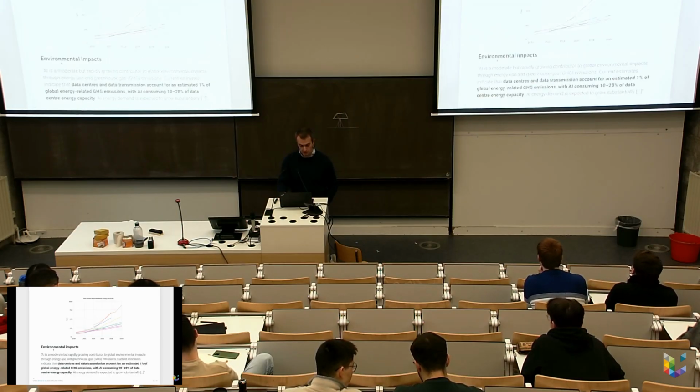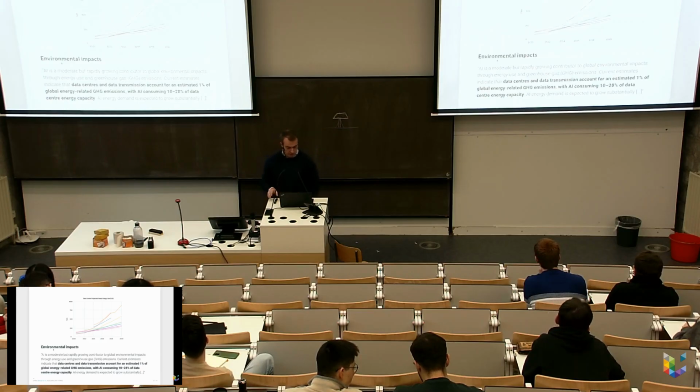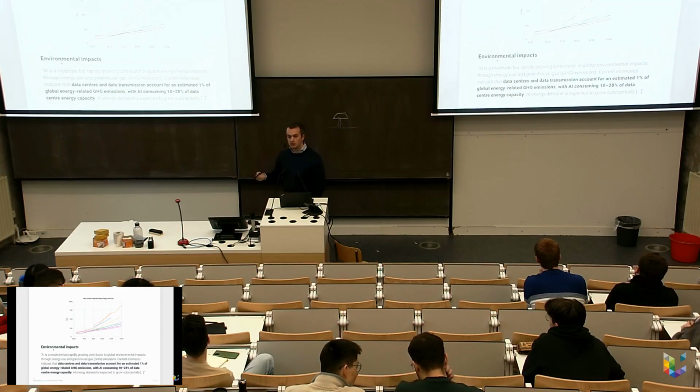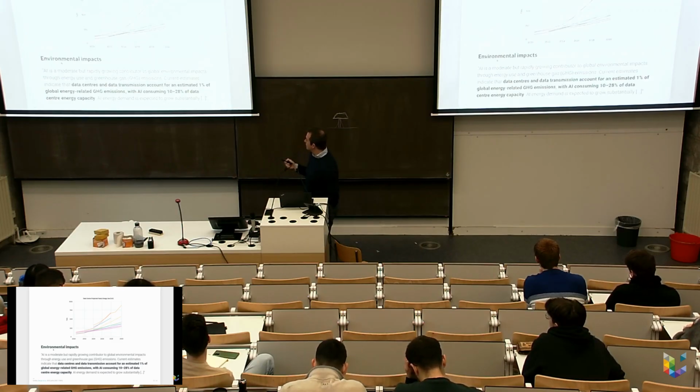The report has many interesting points. One of them, which is also a growing concern, is the environmental impact of AI. What they say in this report is that, for now at least, AI is a moderate but rapidly growing contributor to global environmental impacts. Of course, because of the energy they require, and also because of the greenhouse gas emissions that they produce.